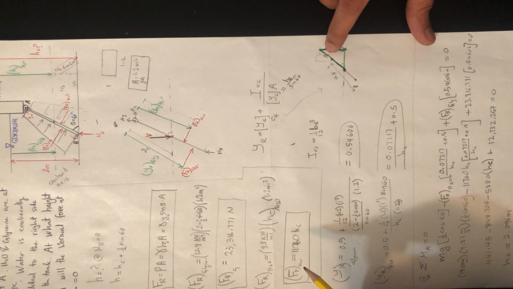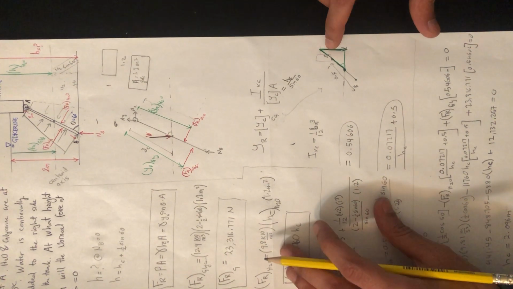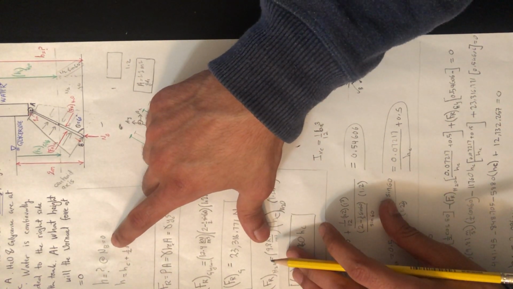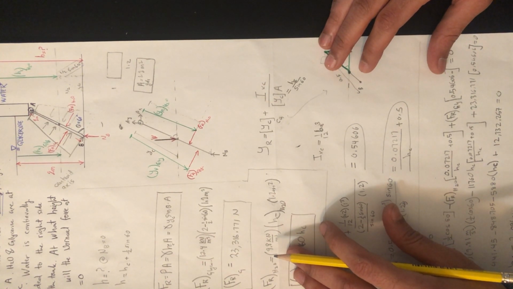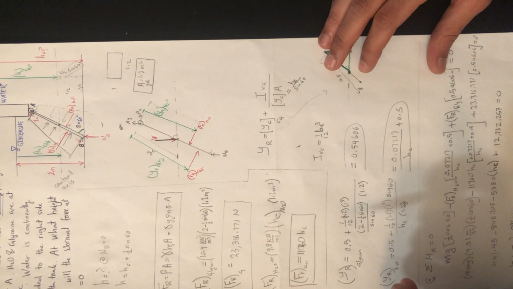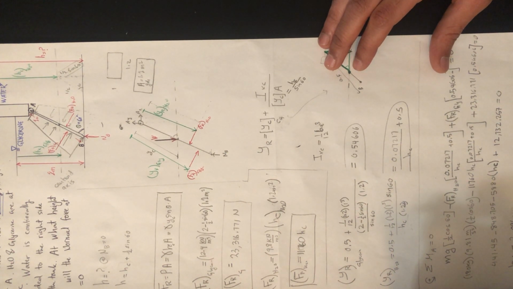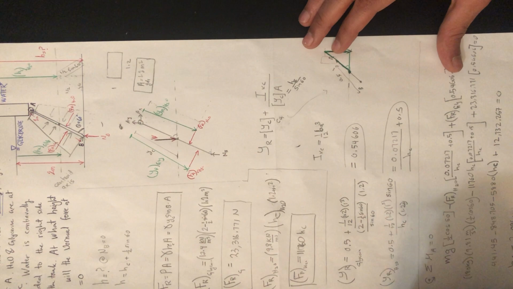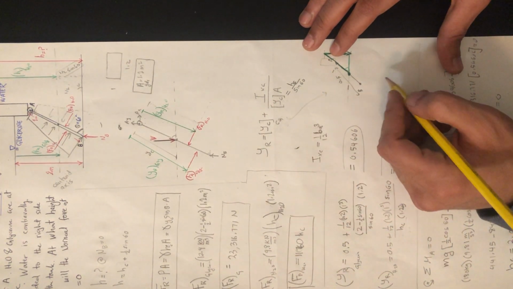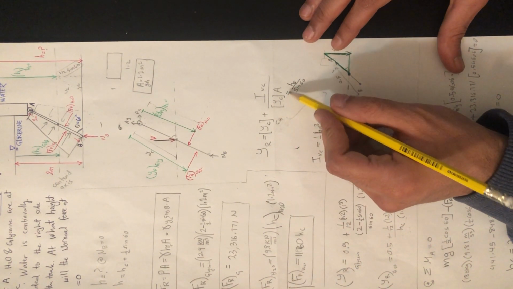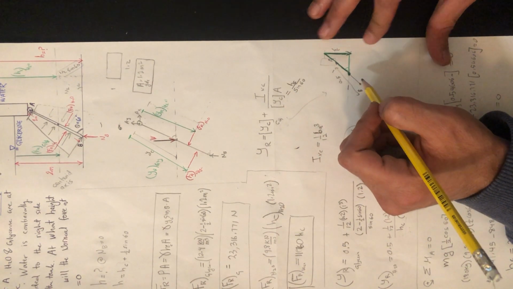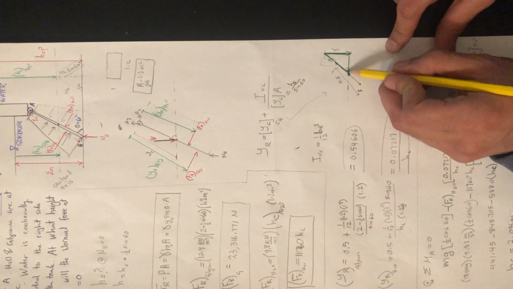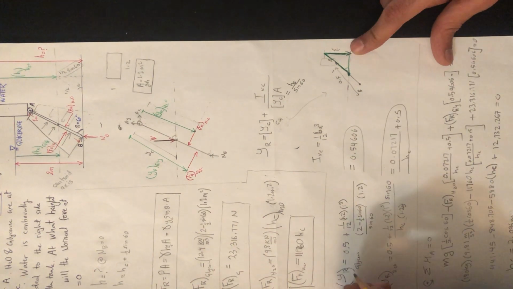And we did say that when the normal force is 0, the gate is at the verge of opening. We also did mention that YC is equal to HC over sine 60. Yes, I did show that here.